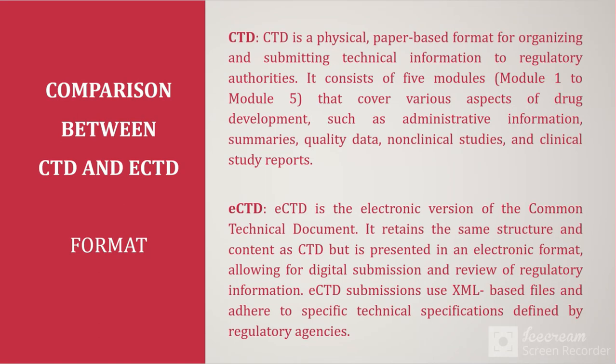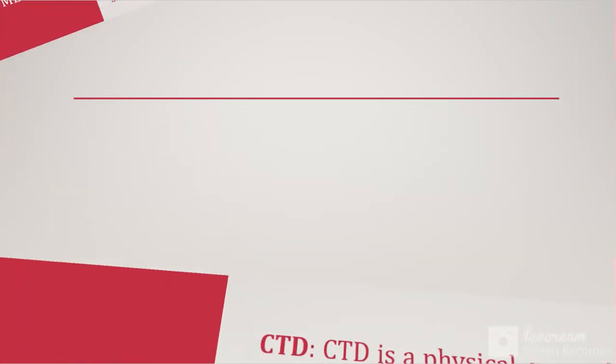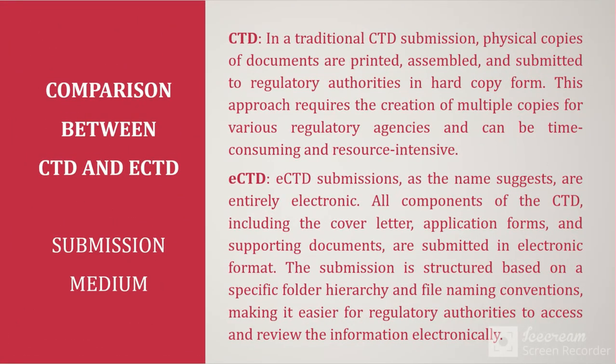ECTD is the electronic version of the Common Technical Document. It retains the same structure and content as CTD but is presented in an electronic format, allowing for digital submission and review of regulatory information. ECTD submissions use XML-based files and adhere to specific technical specifications defined by regulatory agencies.